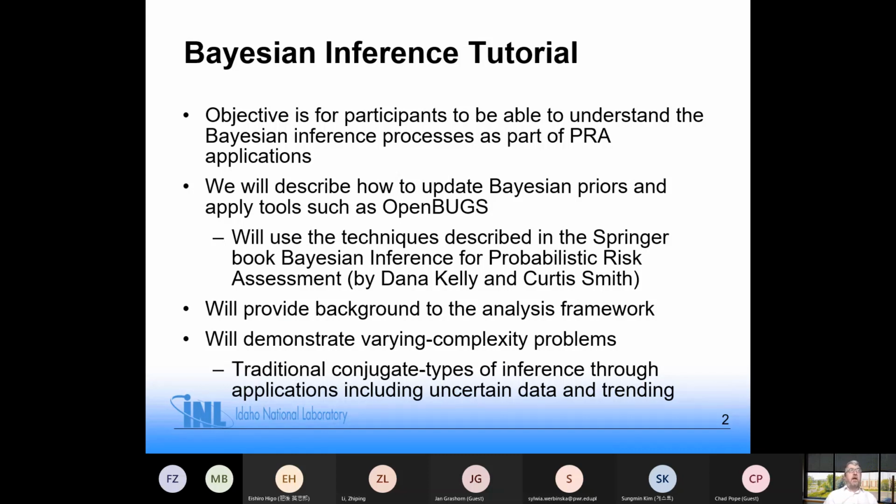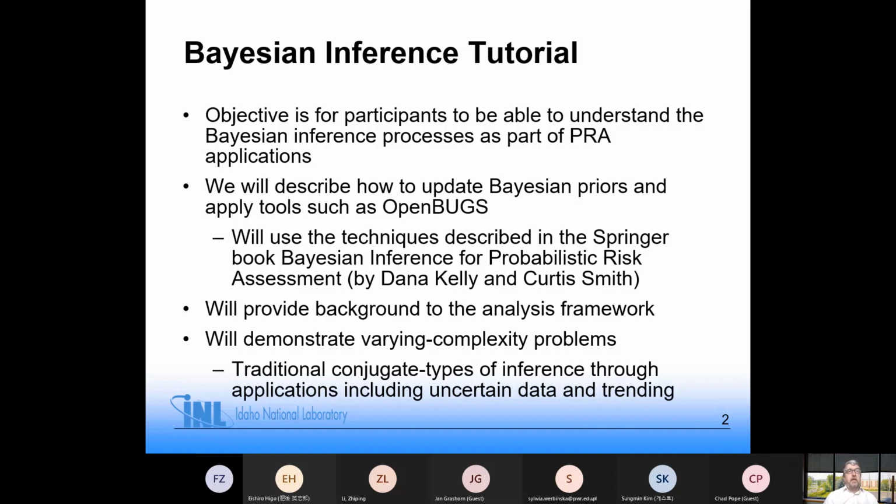Now, one of the motivating factors for the course is that we teach this class to organizations such as the U.S. Nuclear Regulatory Commission or NASA, for example. And we have a book that is the technical basis for the course. That's a Springer published book, Bayesian Inference for PRA, by my colleague Dana Kelly and myself.